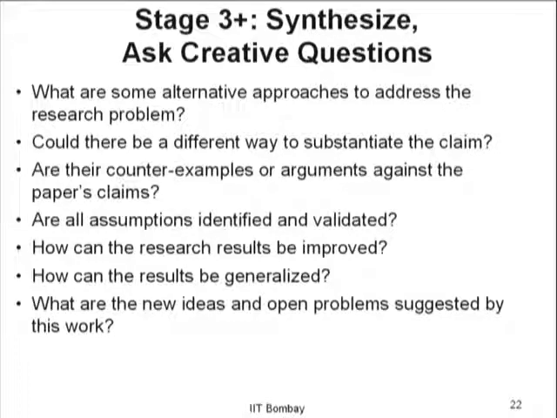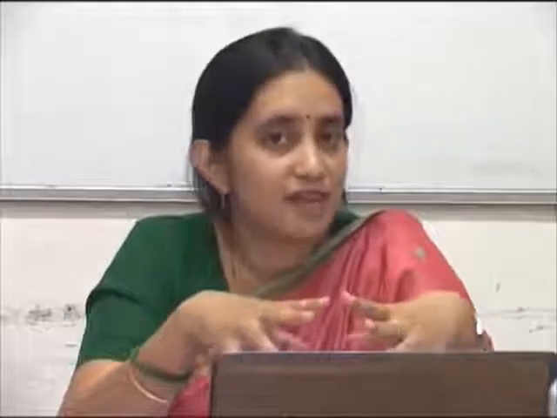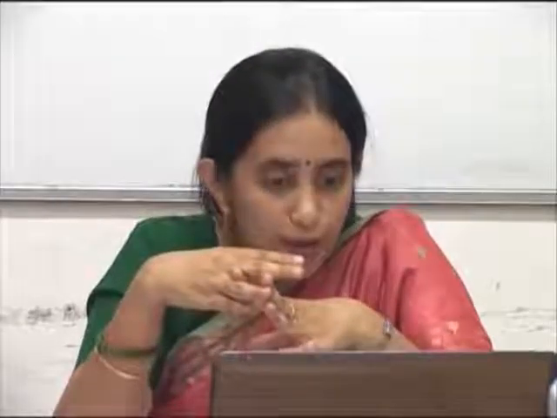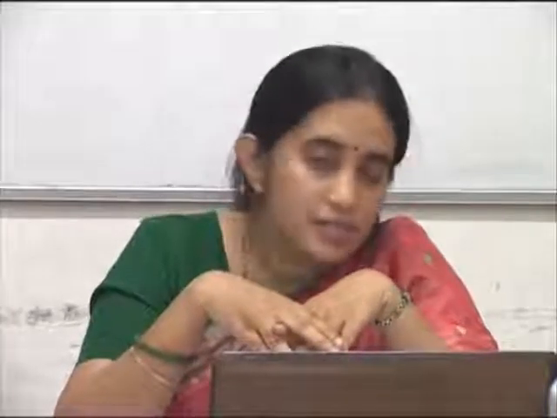Let us look at the third question, that is also an interesting one. Are there counter examples or arguments against the paper's claims? So, let us say you find that what the authors have done is correct, but it is correct within the situation that they have tested. And in a new situation, you have come up with an argument where their results may not hold. This happens a lot in engineering and science.